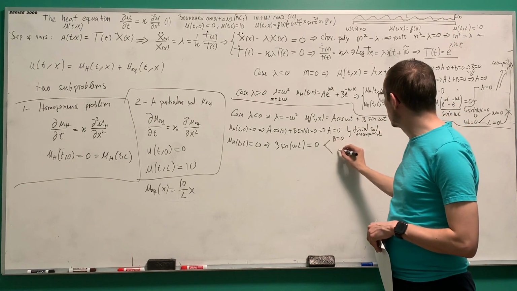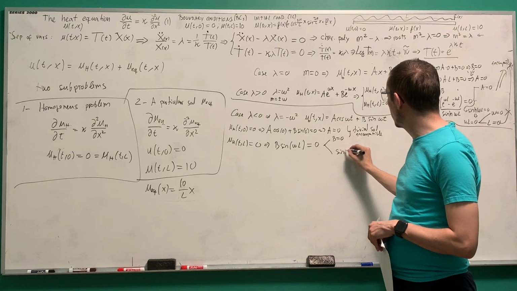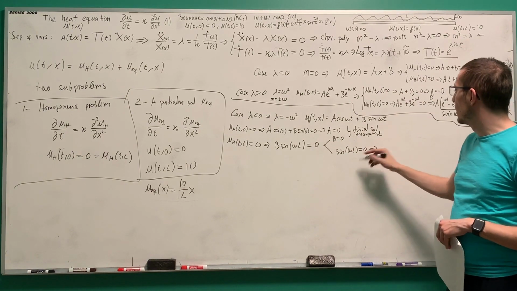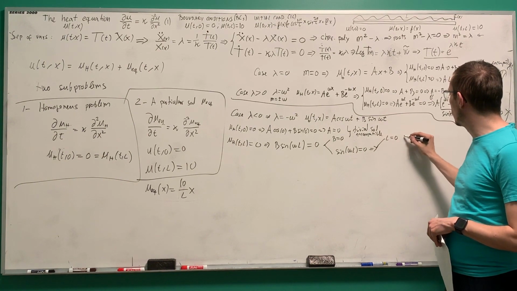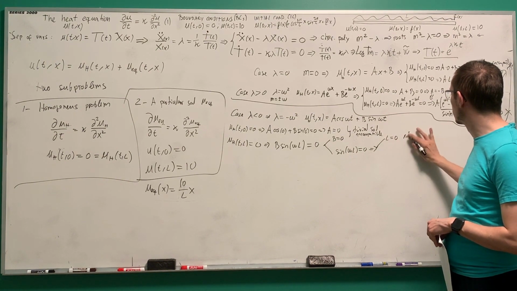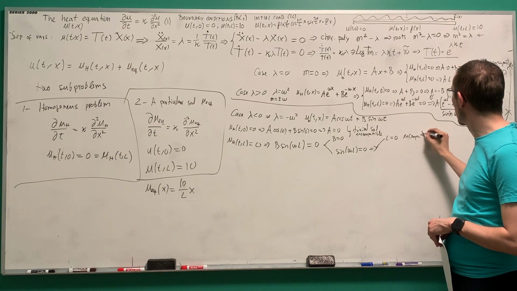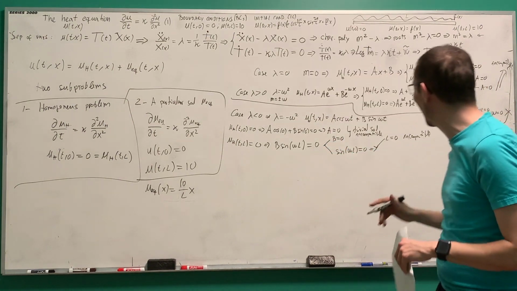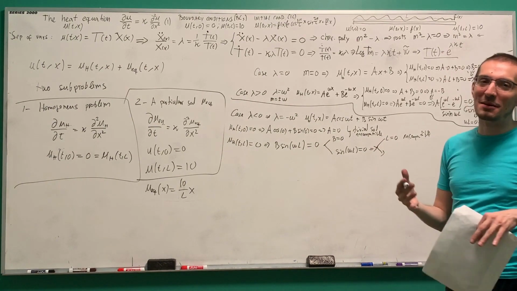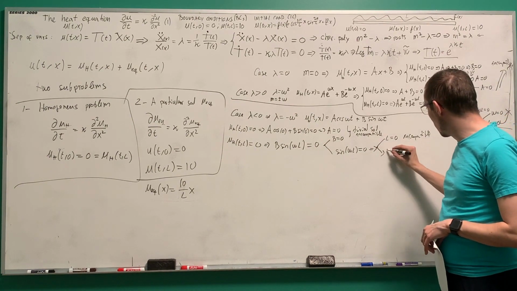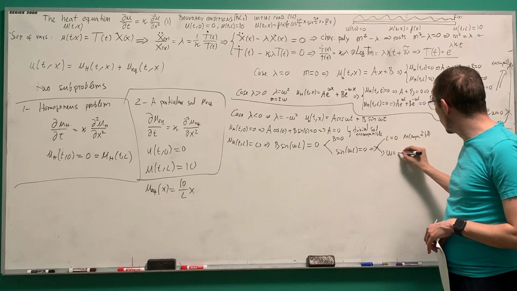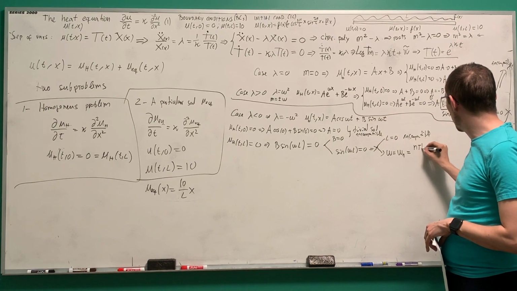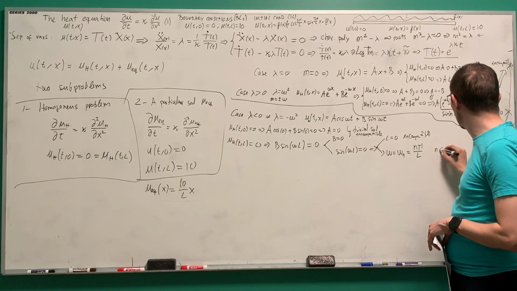And the other option is that the sine of omega L is equal to 0. But that gives me two options, right? L equals 0, incompatible. And then it gives me the eigenvalues. By the way, I keep calling them eigenvalues. Gives me an infinite number of eigenvalues. Values of omega, let me call it omega sub n equals n pi over L, for n being an integer.